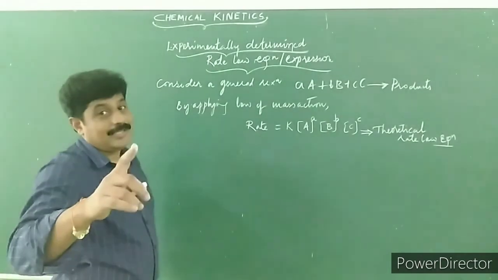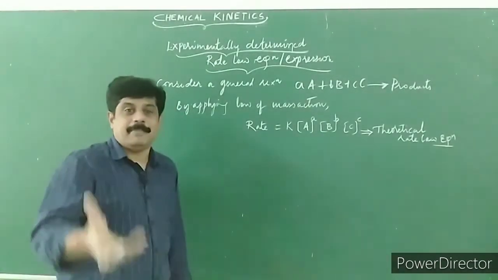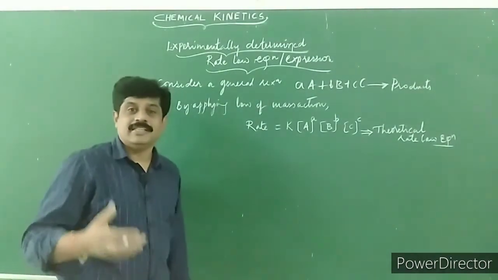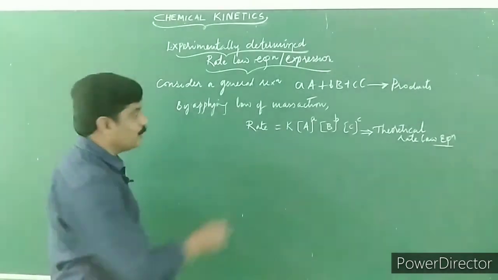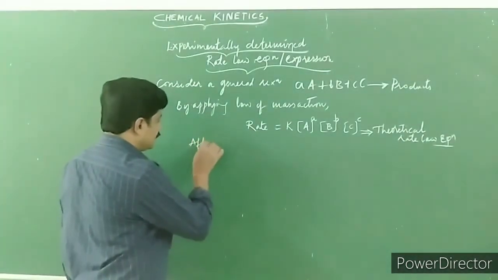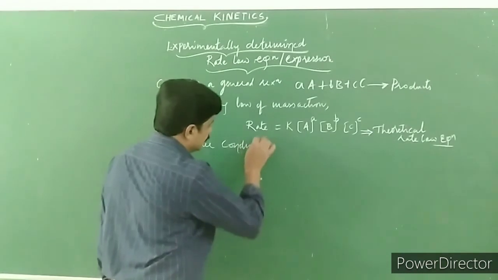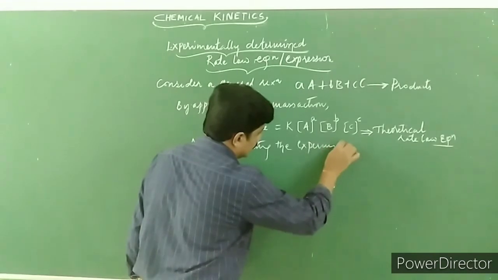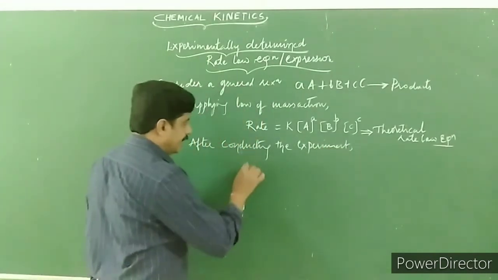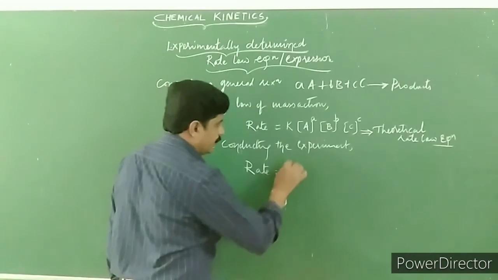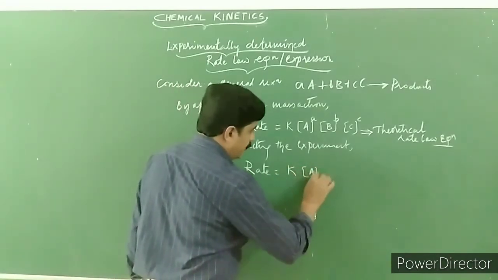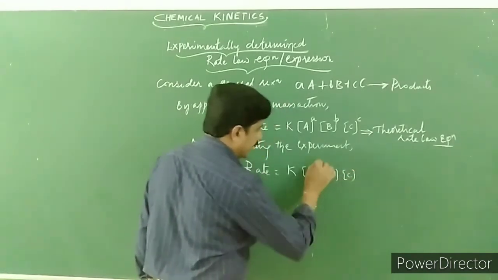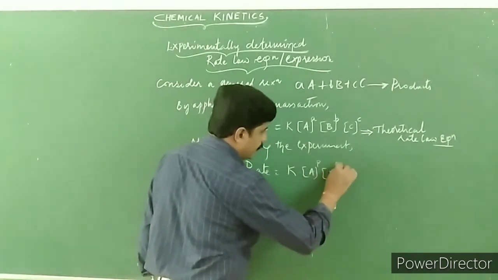Children, suppose I conduct an experiment, and after conducting the experiment we find out the rate of the reaction is directly proportional to, look at here, the rate is equal to K into the product of molar concentrations of all the reactants raised to p, q, r.